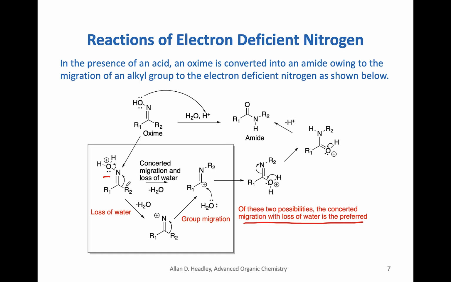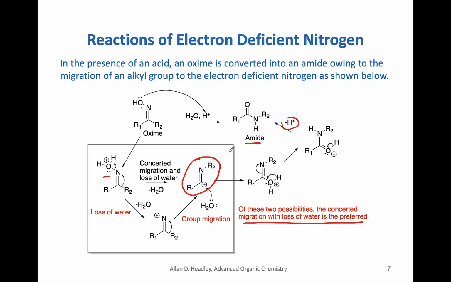So it prefers to do the migration while this group leaves to form this intermediate here. Once this is formed, water attacks this carbon that's now positive to get this, and of course loss of a proton here, and after another loss of another proton here we have our amide.